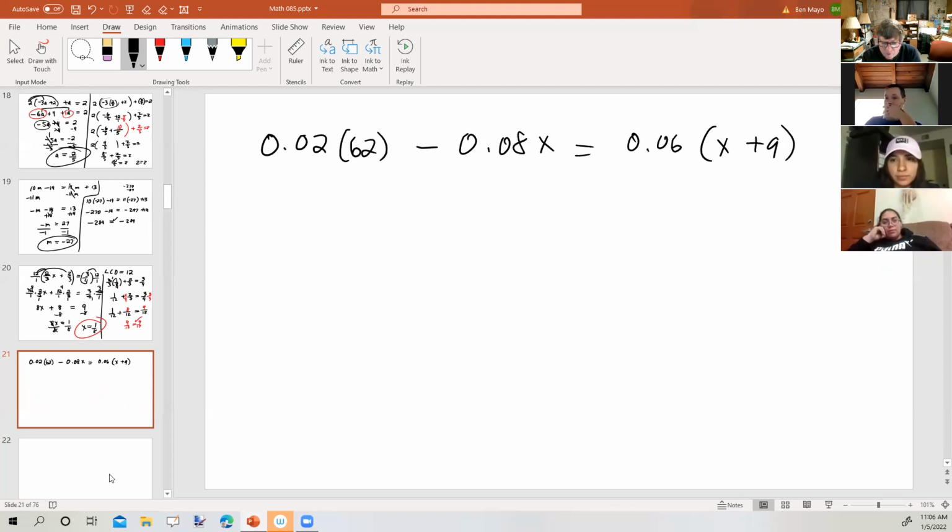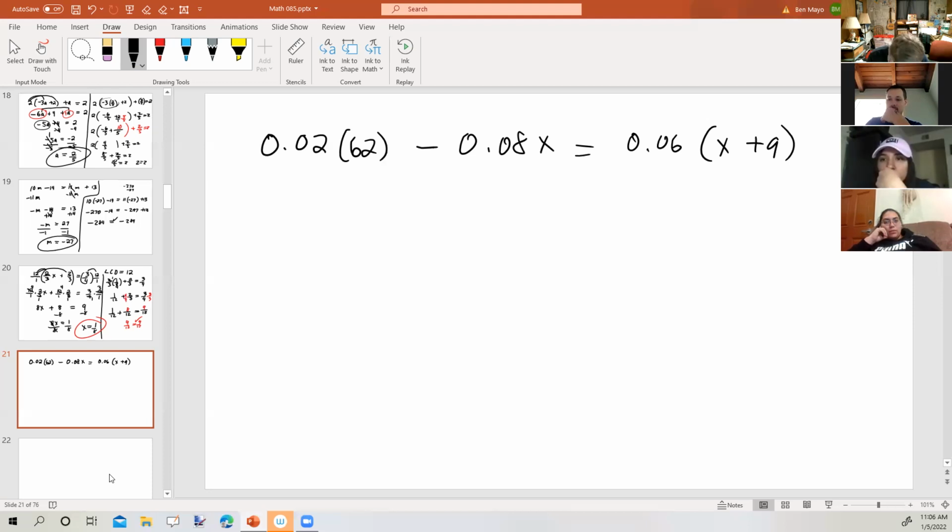Recall that to move a decimal point one place to the right, you have to multiply by 10. To move it 2 places to the right, you'd multiply by 100, 3 places, 1,000, etc. Also, whatever I do to one side of the equation, I have to do to the other side. As I look at my decimals, I see that to get rid of them, they all would need to move over 2 places to the right.